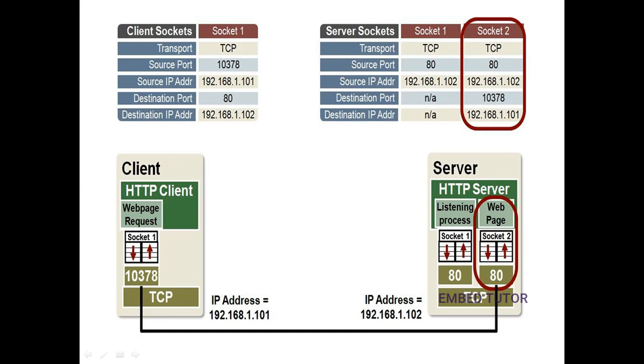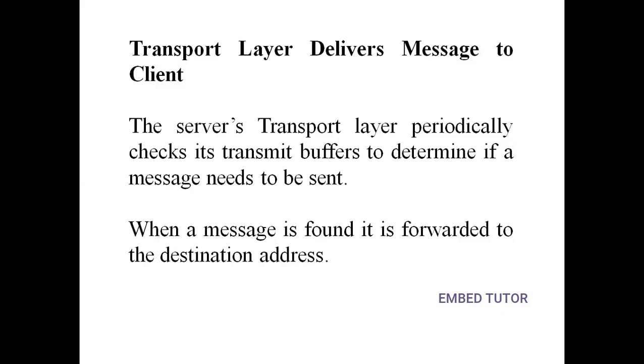So these are all the 4 important parameters that are responsible to distinguish one TCP connection from multiple other TCP connections. In addition to these 4 parameters, it is also recommended to mention which transport layer protocol is used. In our case it is TCP, therefore 80 belongs to the TCP, that is transmission control protocol.